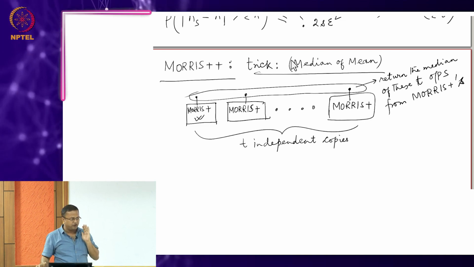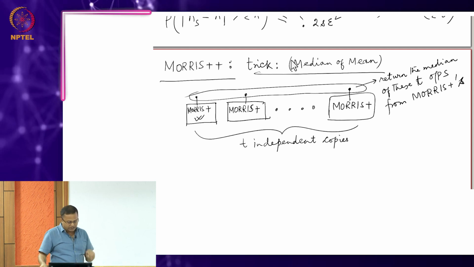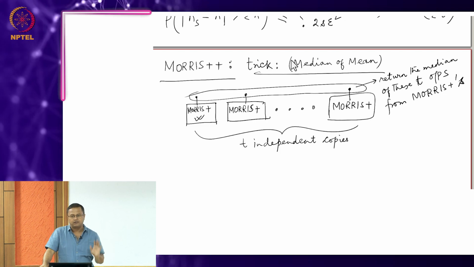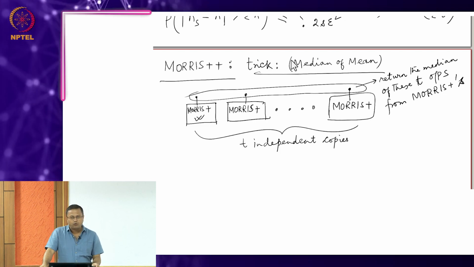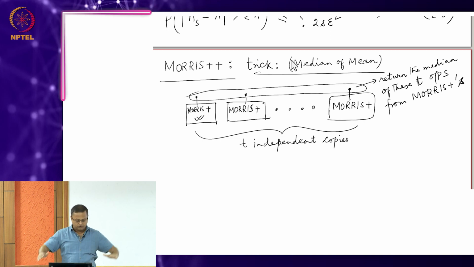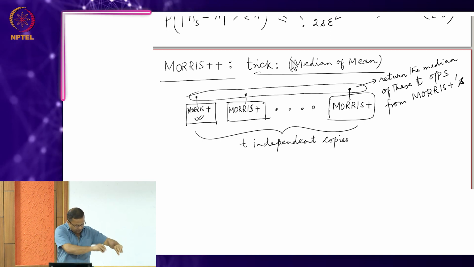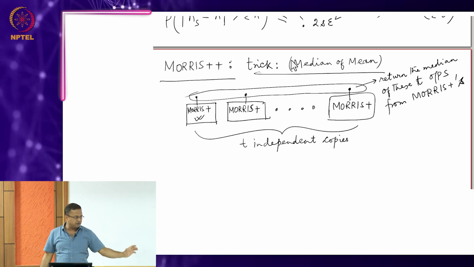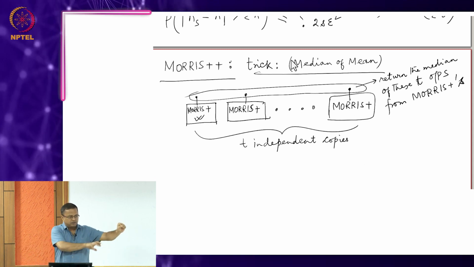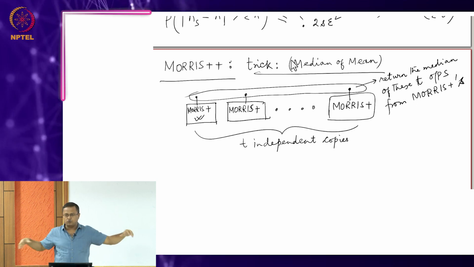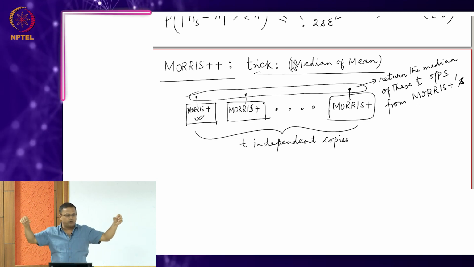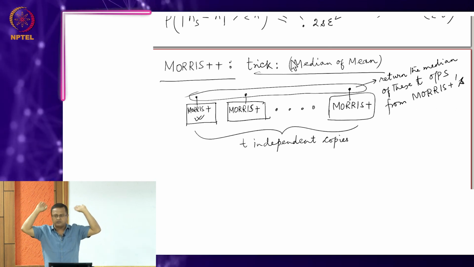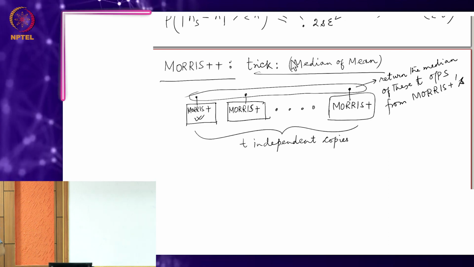So think of delta as fixed. That gives me concrete instances of this Morris plus algorithm. What I now do is run T many copies of them, in a pyramidal structure. There are S into T Morrises. I bunch the first S into one Morris plus, the next S into another Morris plus, and so on. Then I get T many Morris pluses, take the median of their outputs, and give you that output.